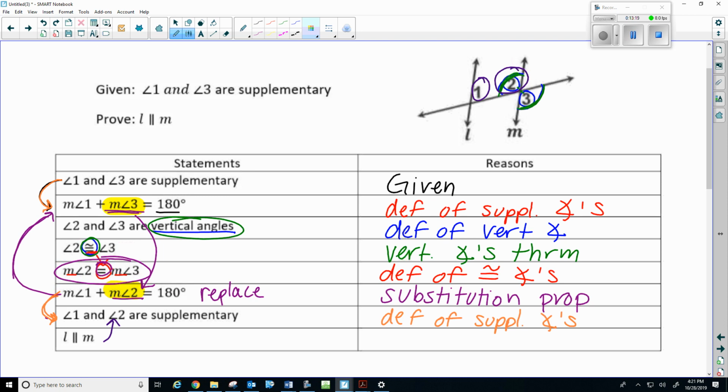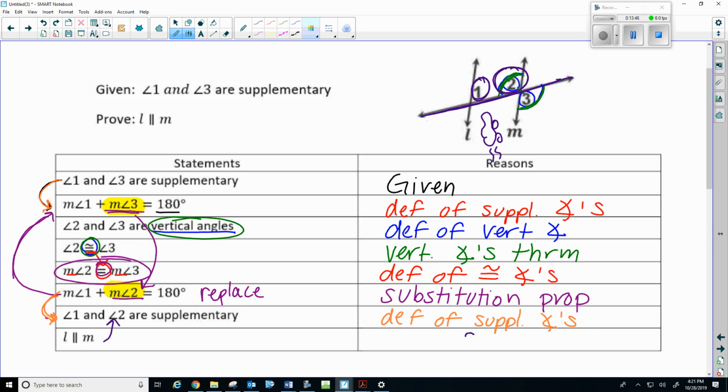We're talking about angle 1 and angle 2 being supplementary. So when we come up here and circle angle 1 and 2, we need to figure out the relationship between the two of those angles. And we notice that they are on the same side of our transversal, and they are interior of our road. Really bad car. So we're on the same side, and we're interior.